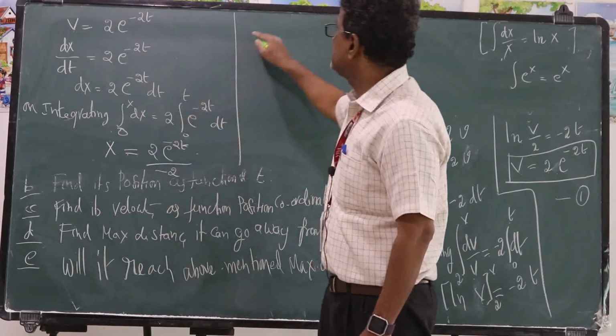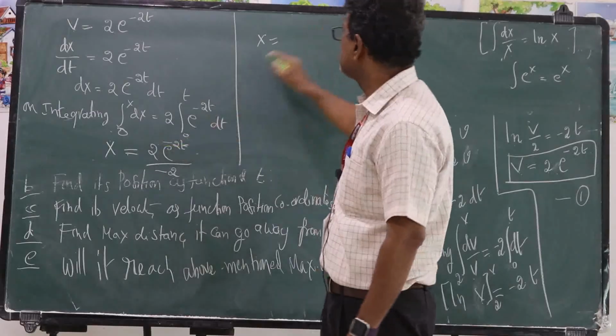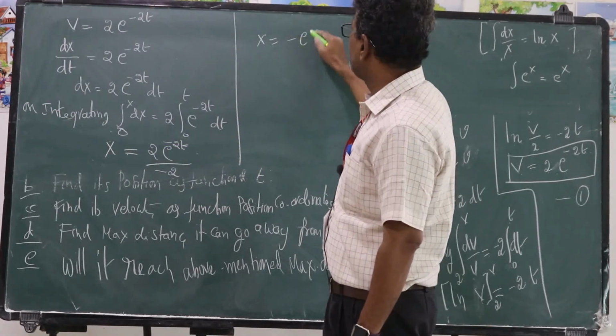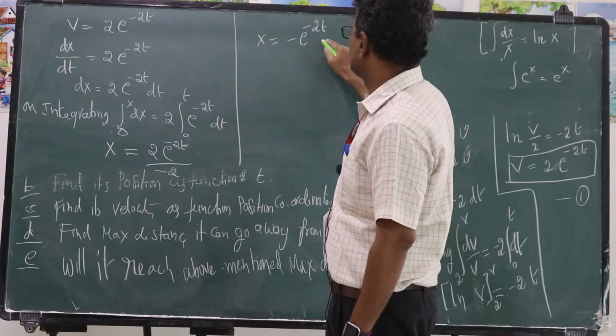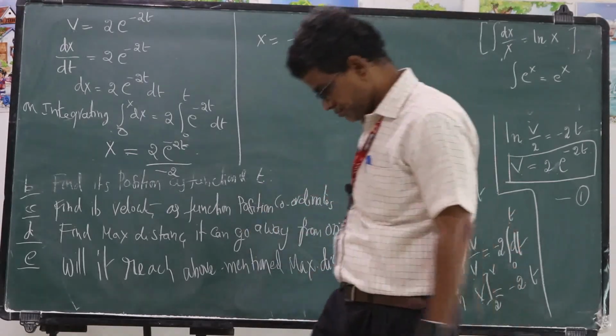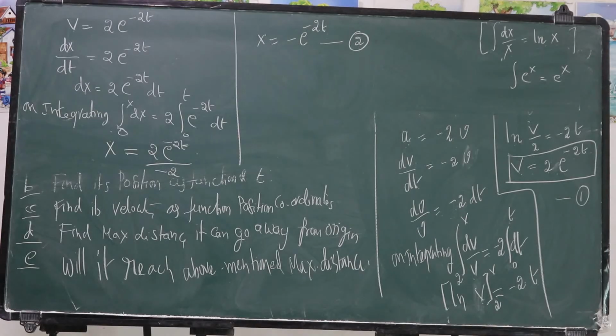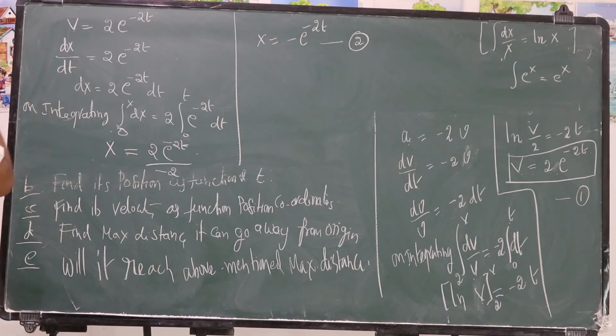So x is equal to minus e to the power minus 2t. You call it equation 2. Here the limits are 0 to t.